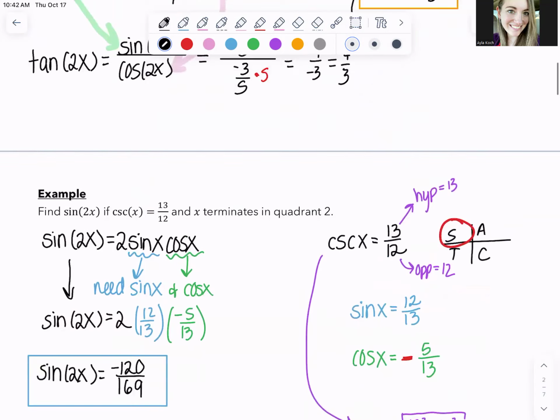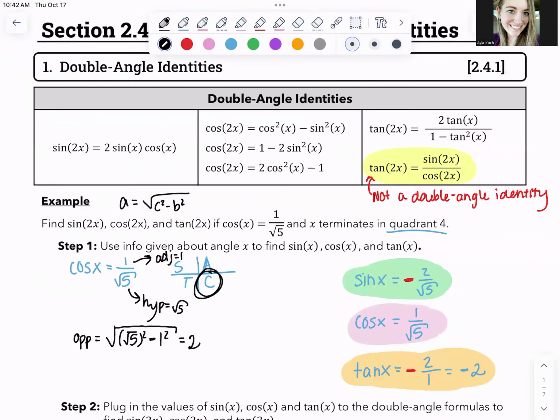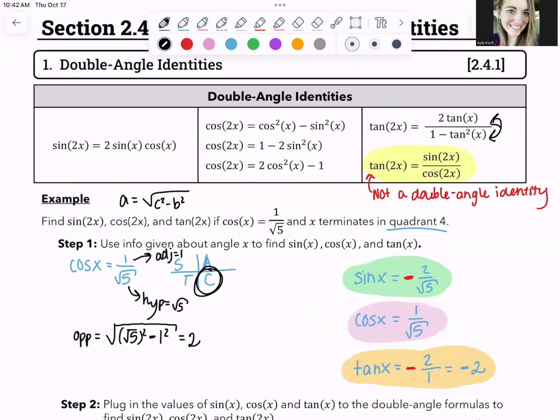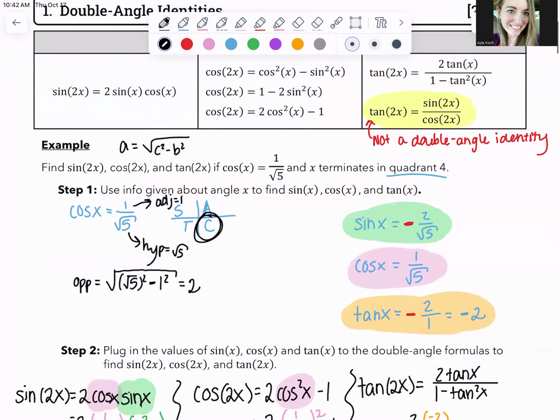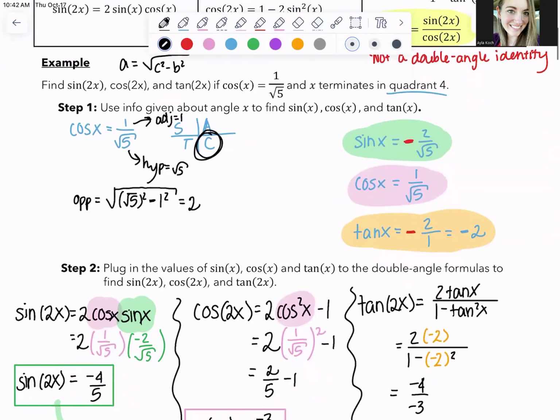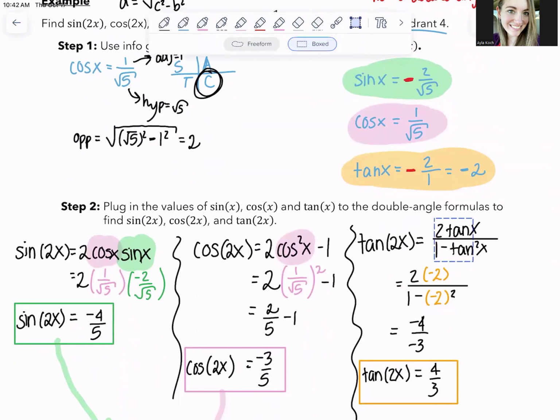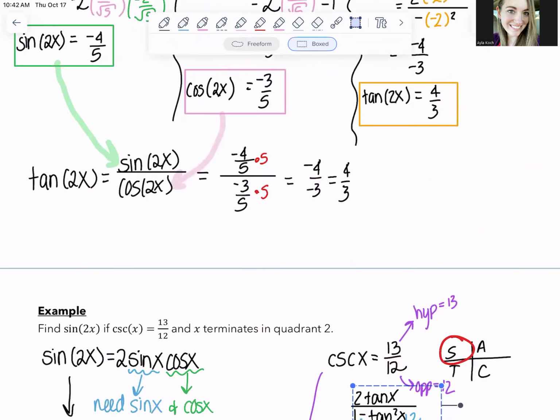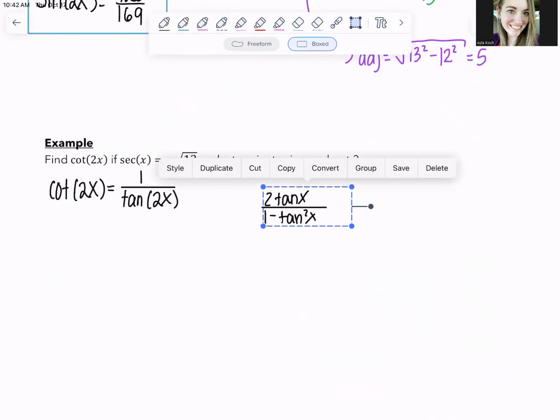And really, that's just the flipsy-flu of tangent, right? It's the reciprocal of this. Instead of 2 tangent x over 1 minus tan squared x, cotangent will be 1 minus tan squared over 2 tan, right? It'll be the opposite of this.